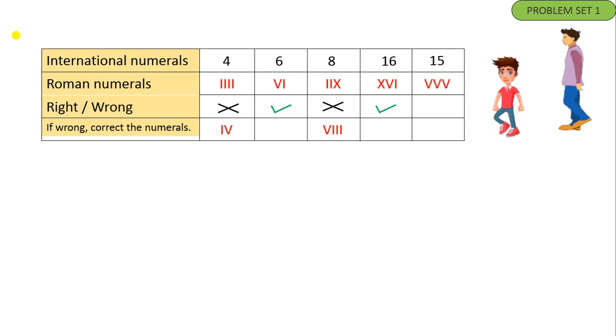And the last number is 15, and for it VV is given as the Roman numeral, but it is wrong because we cannot use the Roman numeral V more than one time consecutively. So for the correct answer we have to distribute 15 as 10 plus 5, and for this the Roman numeral is XV. You are correct, Rahul. Thank you, teacher.